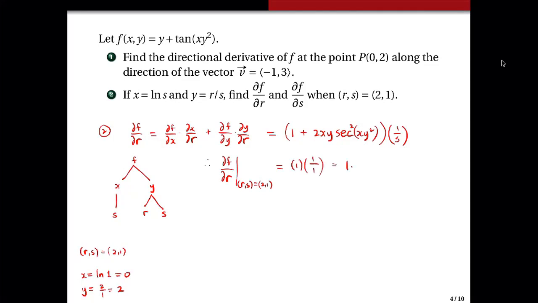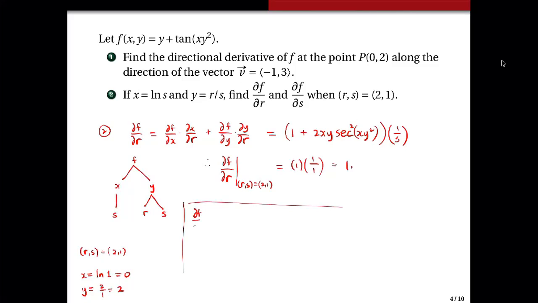So this is equal to 1. Okay. So this is partial of f with respect to r.